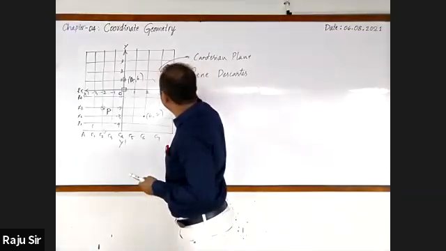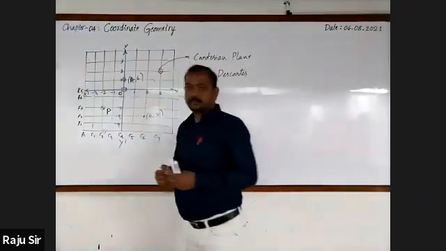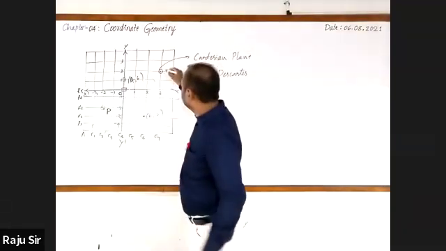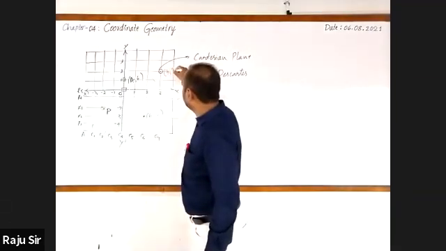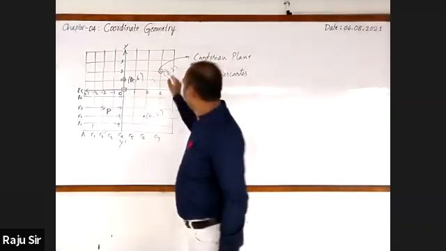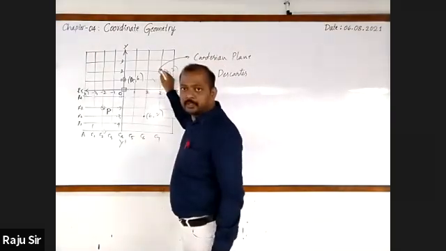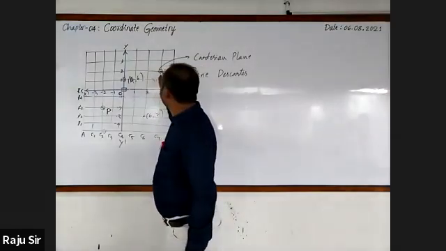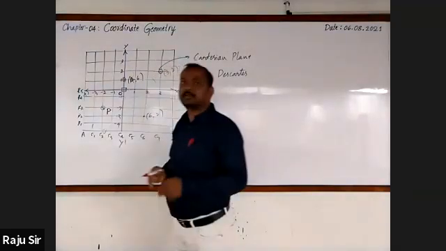Now, here I am going to mark a point. Observe this. Can you tell the position of this point? 3, 2. Look here, from the given point, let me draw a perpendicular to the y-axis. What do you call this distance?